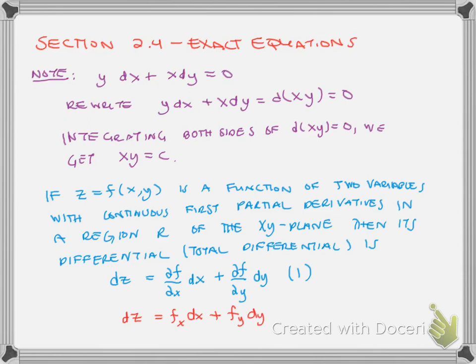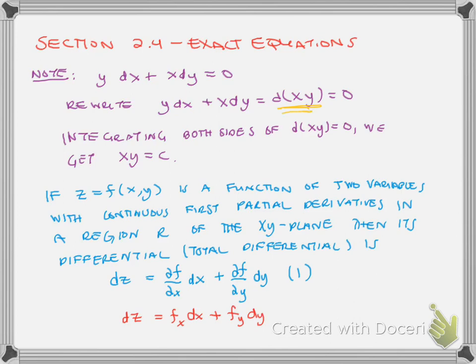All right. So here we have this differential: y dx plus x dy equals 0. And what we notice is that this is actually the product rule. We were talking about the product rule in regards to taking partial differentials, treating x and y like a constant depending upon how you're deriving it.